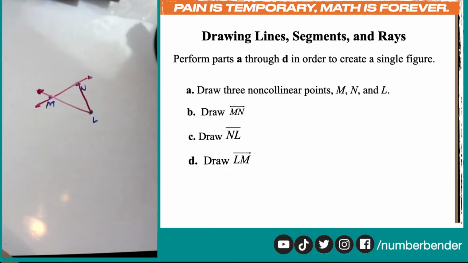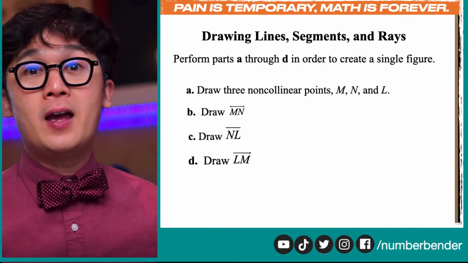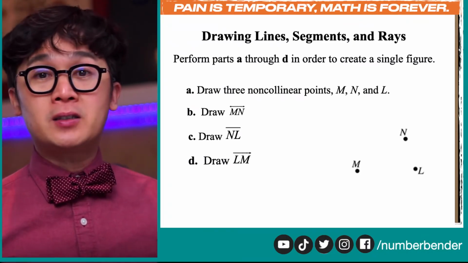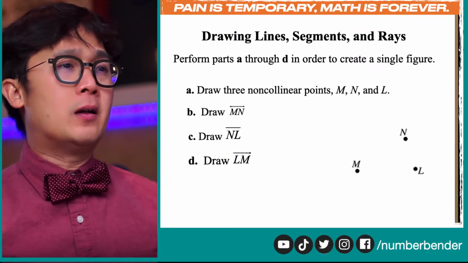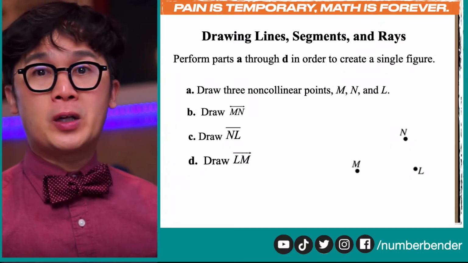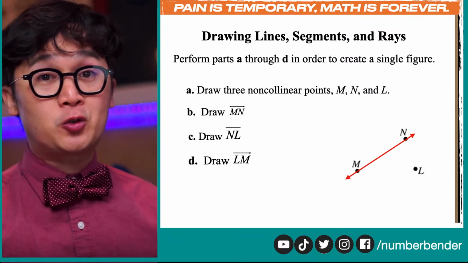So let's see if this is how the figure should look based on these instructions. Three non-collinear points, M, N, and L, and then line MN. So we will connect MN and make sure that we are using the correct illustration.